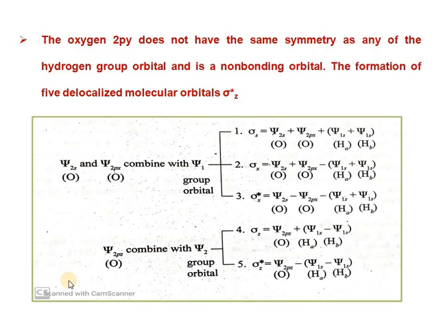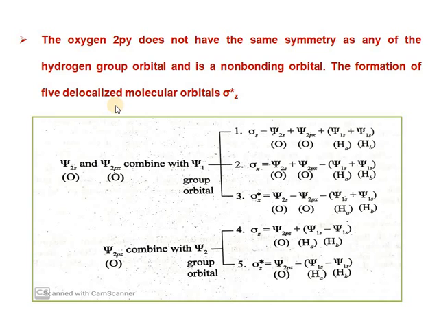So this type of mechanism we have seen here. But the third, which is very important, is the 2py molecular orbital of oxygen, which does not take part in bonding because it does not have the same symmetry as any of the hydrogen group orbitals, and is therefore a non-bonding orbital.